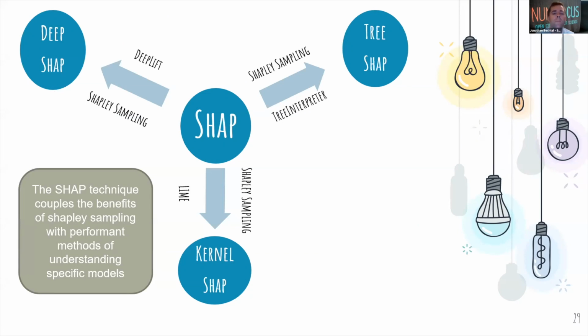But what Shap does is co-opt the idea of Shapley sampling with other particular techniques, to allow the calculation of Shapley values by co-opting other types of model interpretation methods. That way you have faster and more exact ways of calculating Shapley values for wider varieties of models.